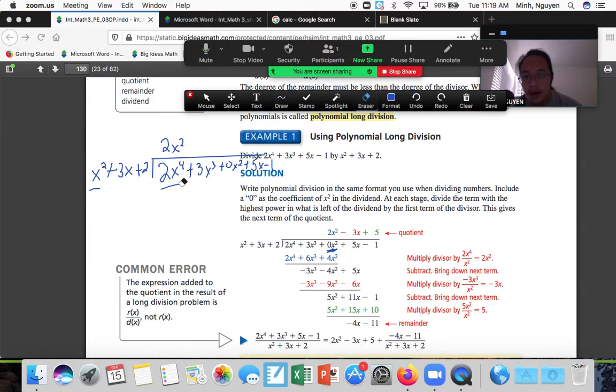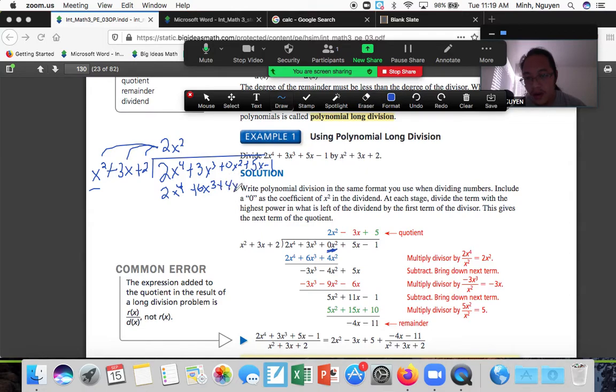So go ahead and multiply. Don't forget to multiply by every term. So 2x squared times x squared is 2x to the fourth. 2x squared times positive 3x is 6x cubed. 2x squared times 2 is 4x squared.